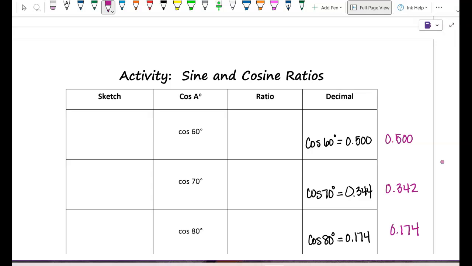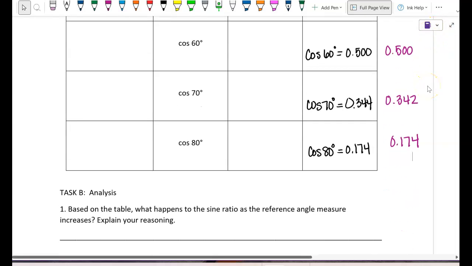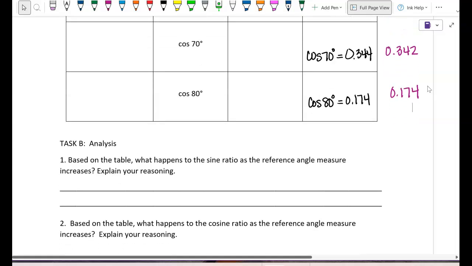But now we're going to go back and we're going to look at these charts and we're going to do a little bit of analyzing of what's happening here with these different charts. So the first question in task B says, based on the table, what happens to the sine ratio as the reference angle increases?